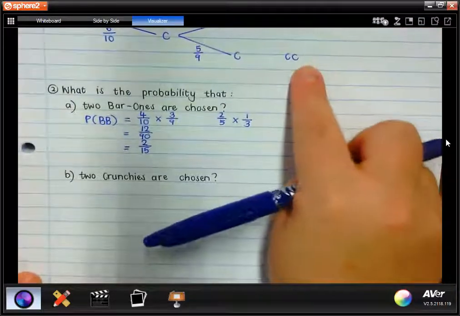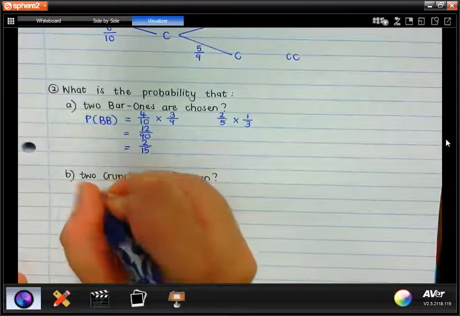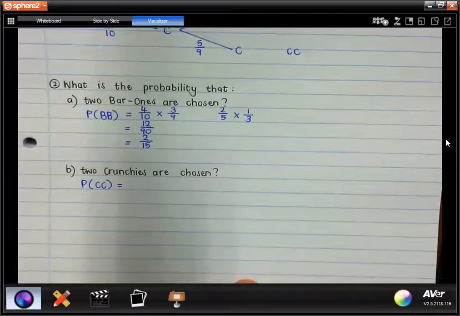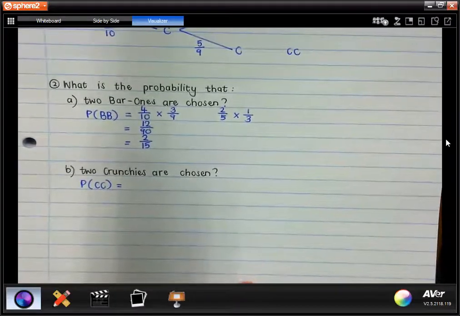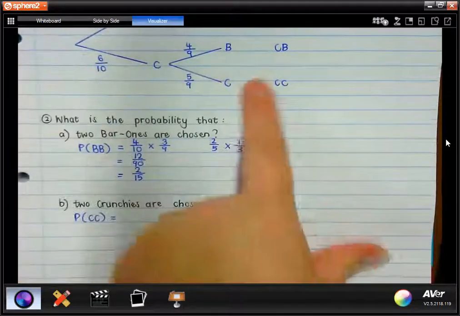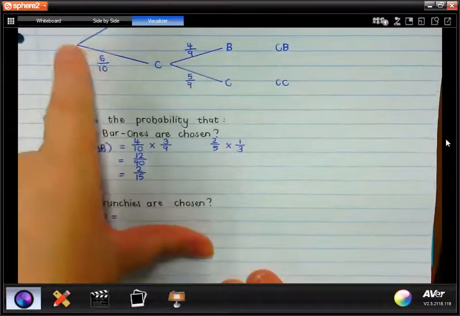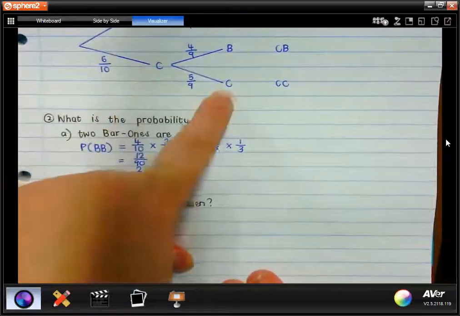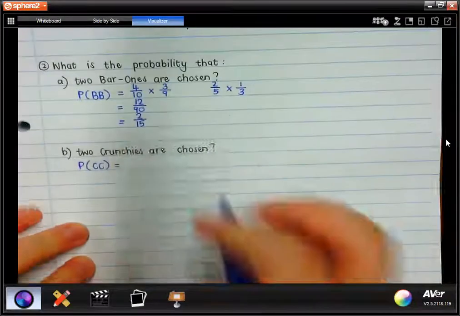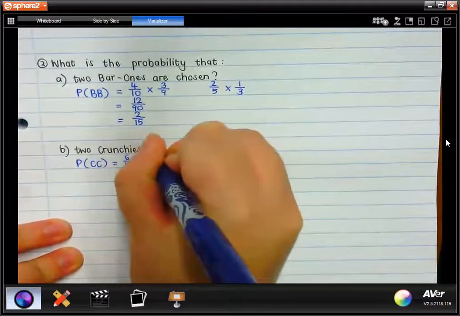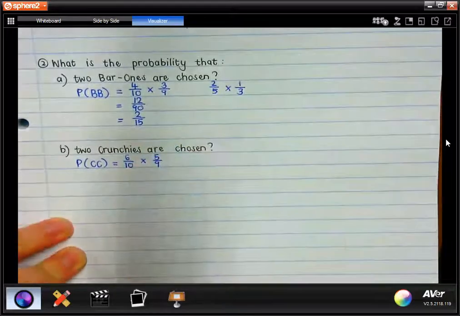The last one here. So basically they're asking us for the probability of CC. So now we need to take the probabilities leading up to CC on those branches and times them together. So let's see, what do we have there? CC is over here. So we're going crunchy and then another crunchy. So we're going to do 6 over 10 times 5 over 9.